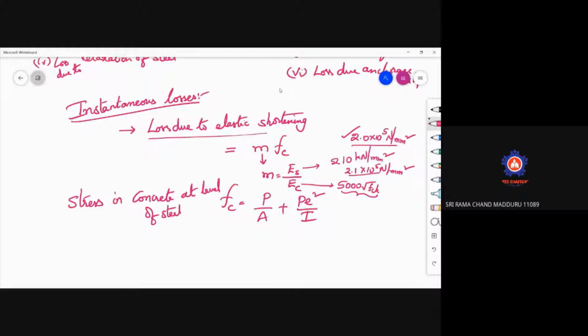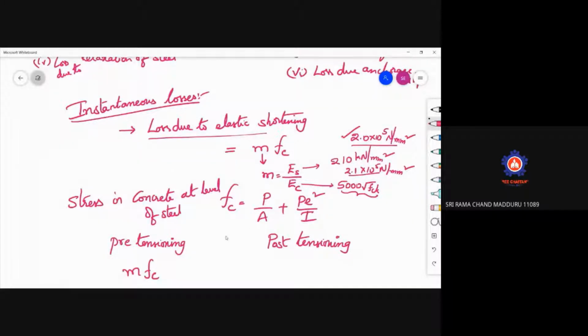So with this formula, we can calculate the loss due to elastic shortening in pre-stressing steel, for pre-tensioning as well as post-tensioning. We have already discussed this. So what is happening? In case of pre-tensioning, the value will be M into Fc.